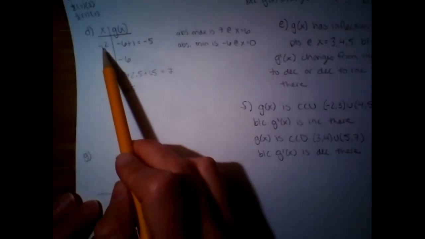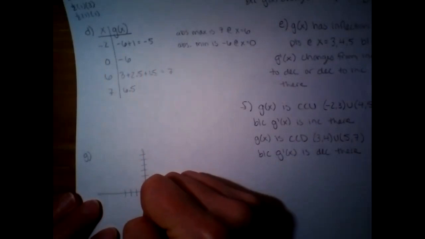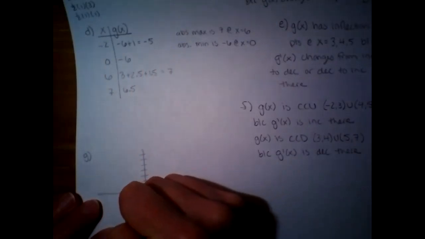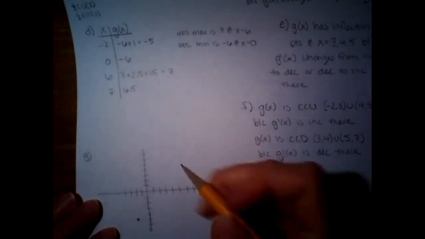So this is where everything that we've written out kind of all comes together in one place. And so the points that I would start out putting on here are the ones that we already found on the chart. Like we already found these points, -2, -5. So I'm going to plot that. So we've got -2, -5. We've got 0, -6.